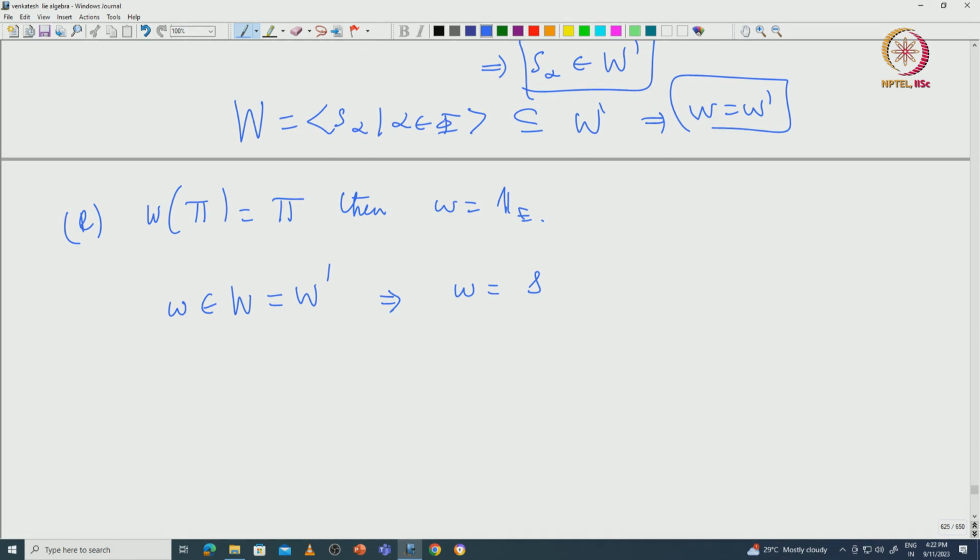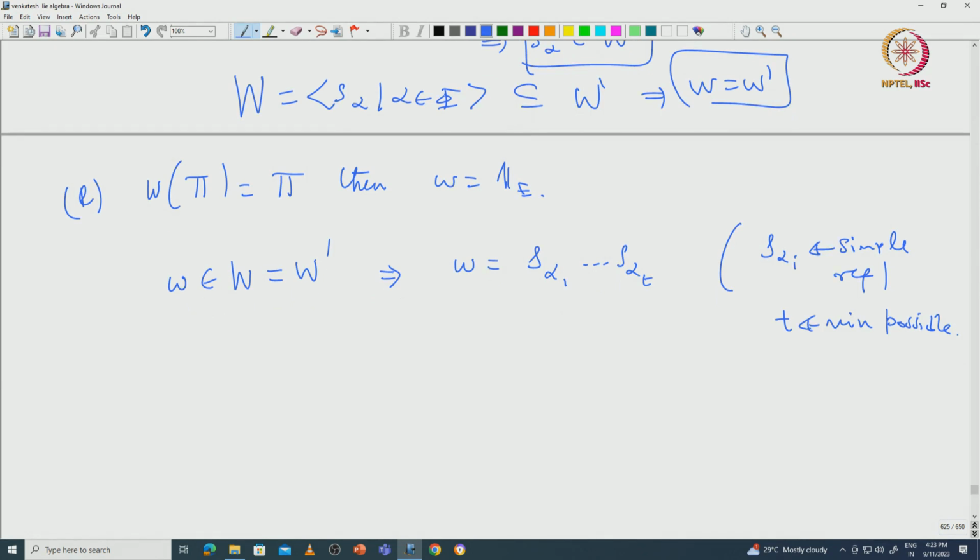Okay, let us write S alpha 1 etcetera S alpha t, where these S alpha i's are all simple reflections and this t is minimum possible.